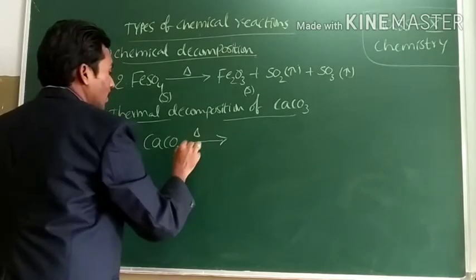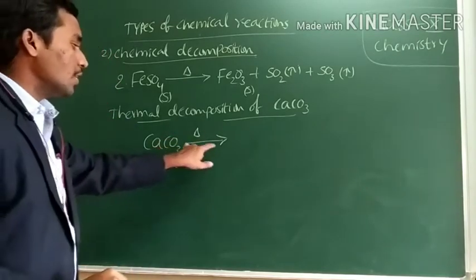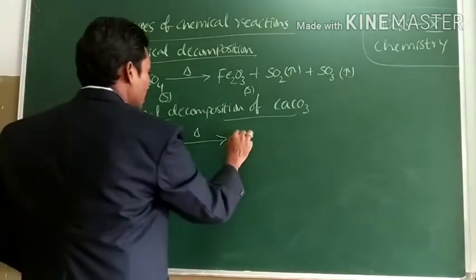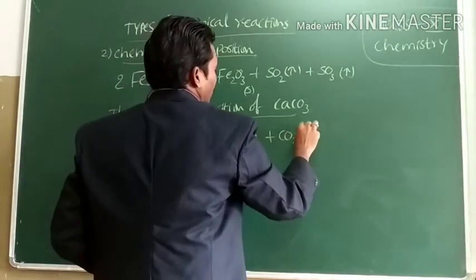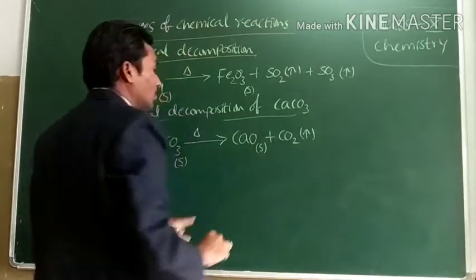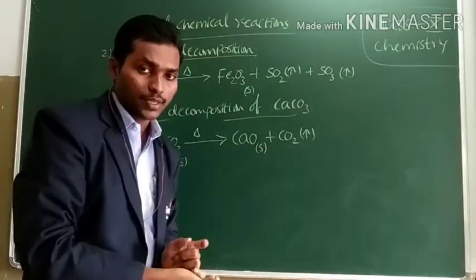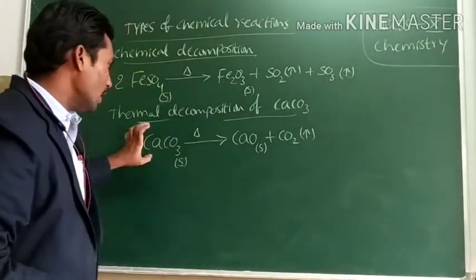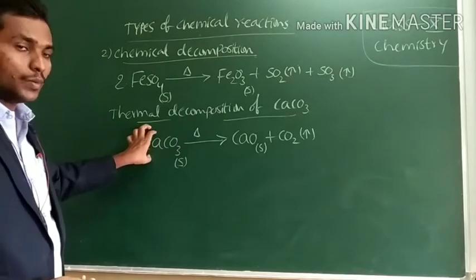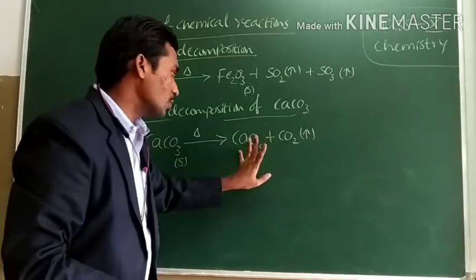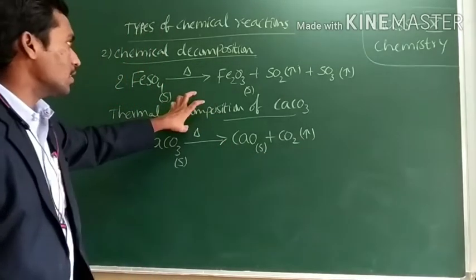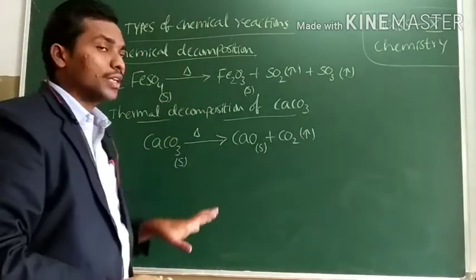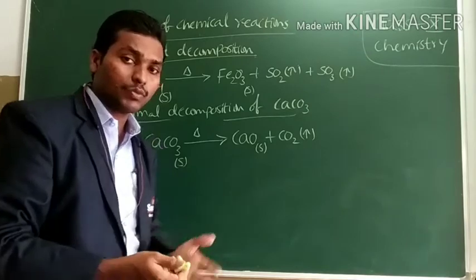On heating, the CaCO3 dissociates into CaO and CO2. CaO is a solid called quicklime, and carbon dioxide gas is released. In this reaction, calcium carbonate is decomposed to calcium oxide and carbon dioxide. And these two reactions are examples of chemical decomposition reaction. Let us take one more example.